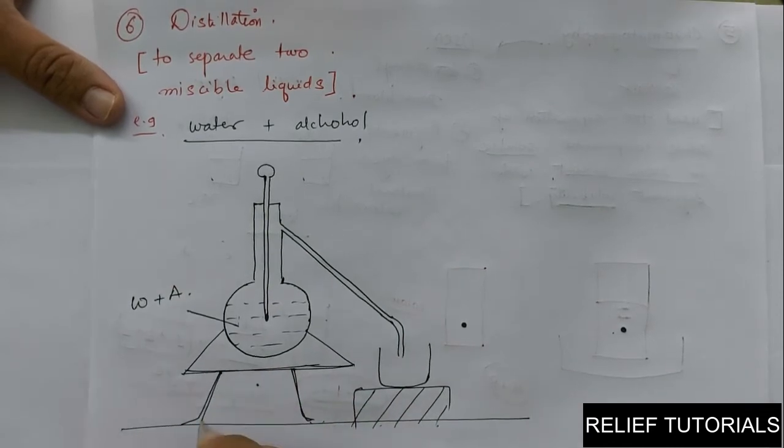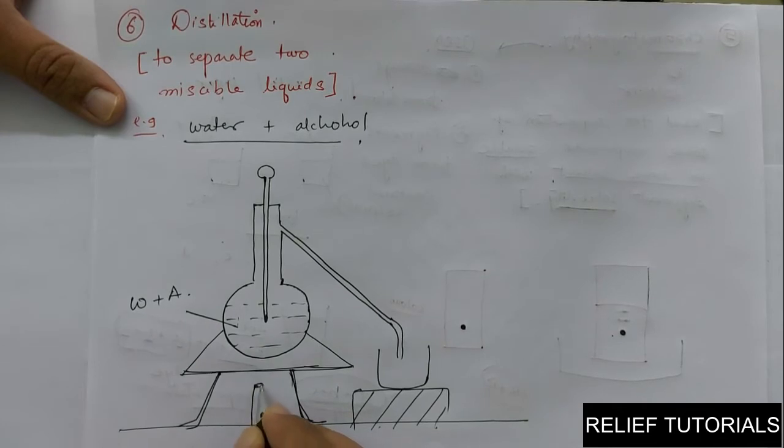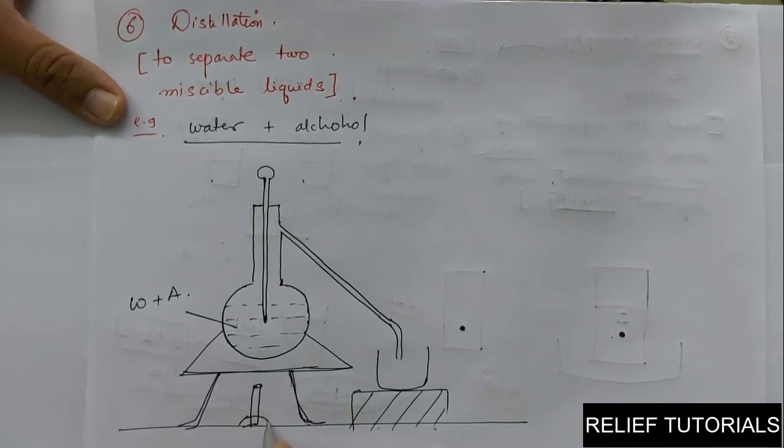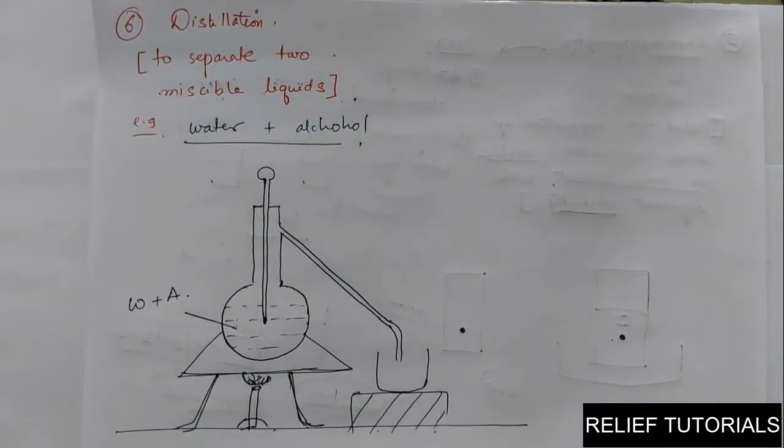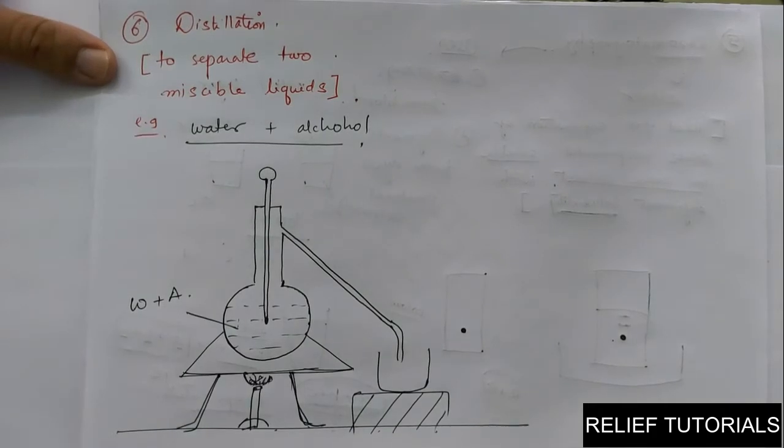Now let us say we are heating this mixture. Initially the temperature was 25-30 degrees Celsius. As we are heating, the temperature increases.